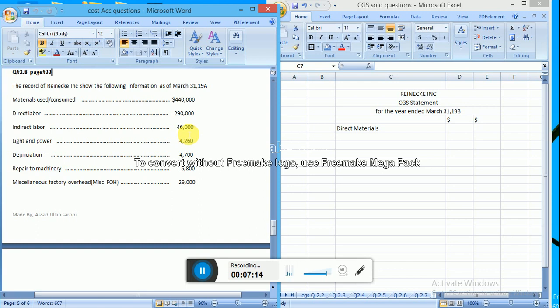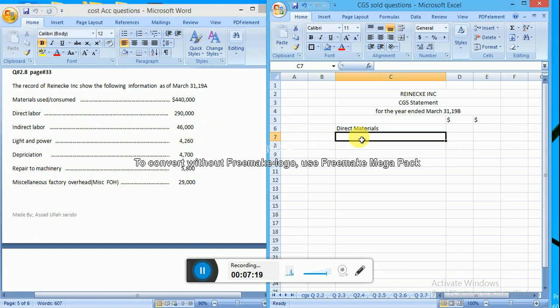So we will start from where the direct material used is given directly. So we will start from here. Direct material used.